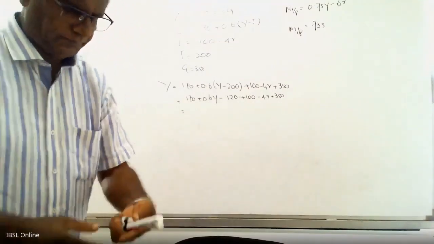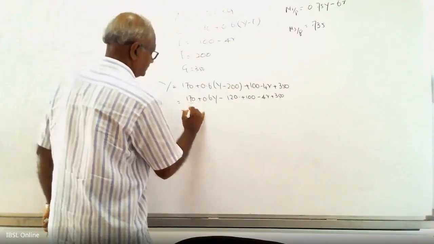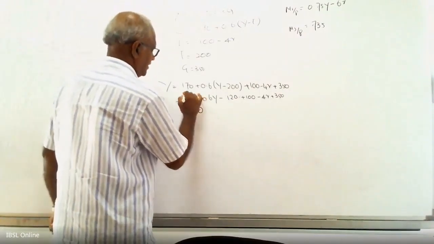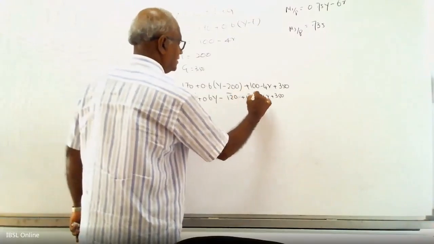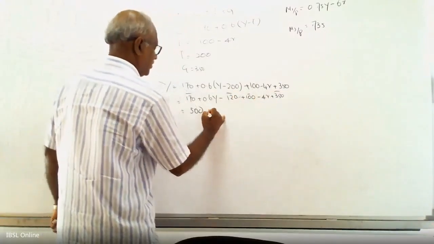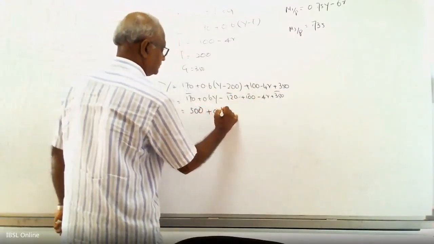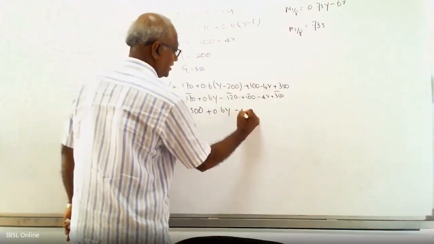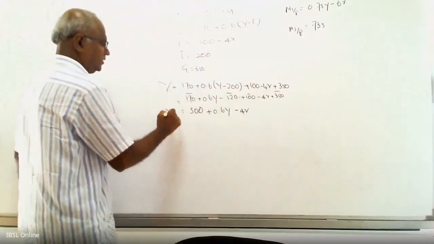Then 500 plus 0.6Y minus 4R equals Y. Take down this.